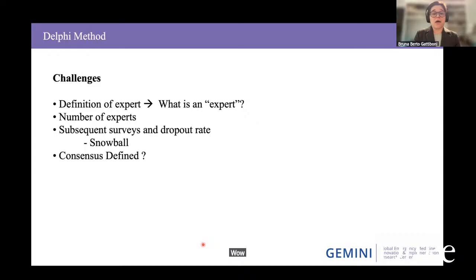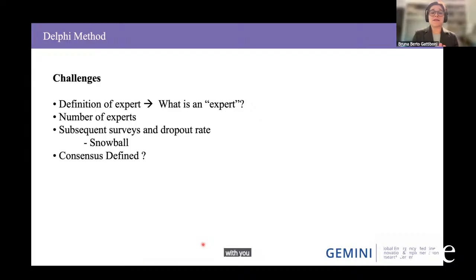Well, another thing is the subsequent surveys and dropout rate. For this, we try to use the snowball. The snowball is also used to select the experts, but also to reduce the dropout rate, because you can have many experts in contact with you.